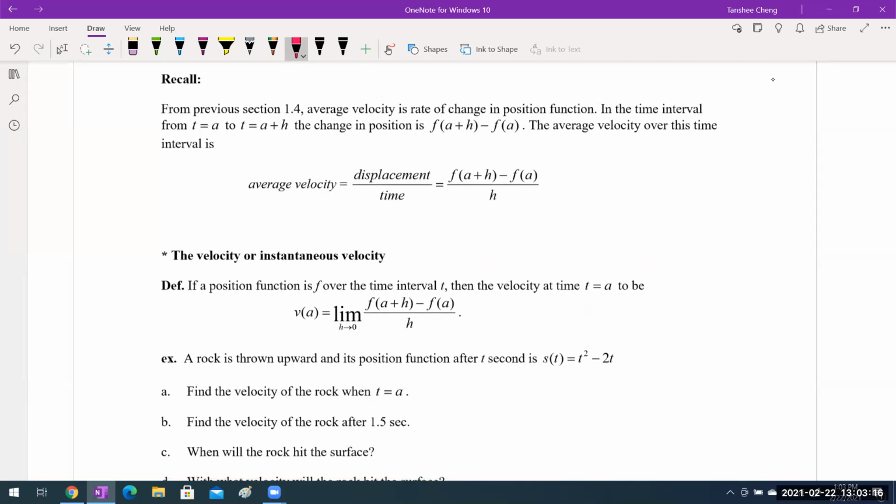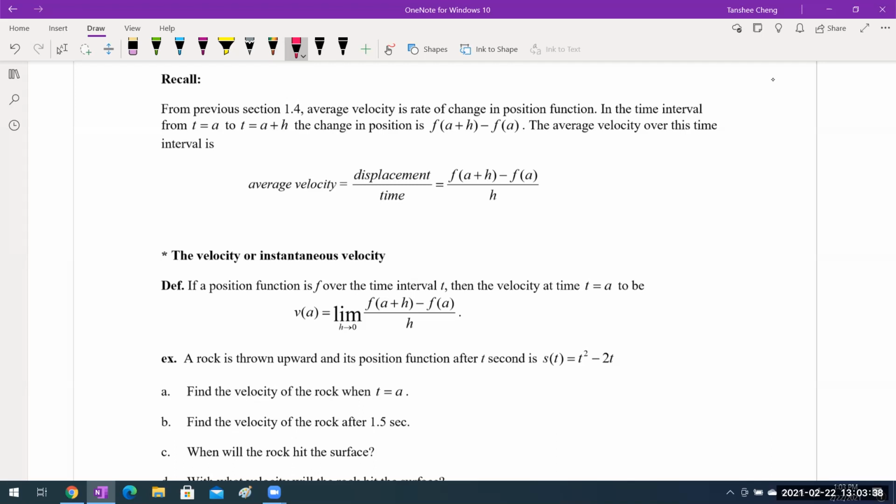Now that we know how to find out the slope of the tangent line of any curve at a particular point, right away we want to relate it to what we learned in 1.4, which is that the slope of the tangent line can be interpreted as instantaneous rate of change.